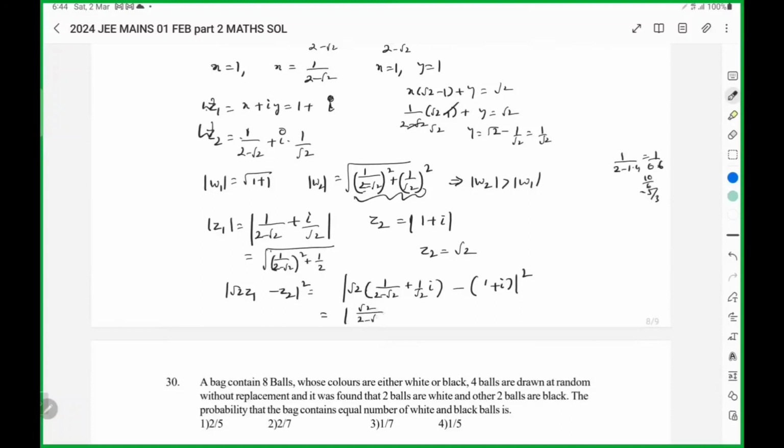So (1/(2 − √2) + i/√2) minus (1 + i) whole square.